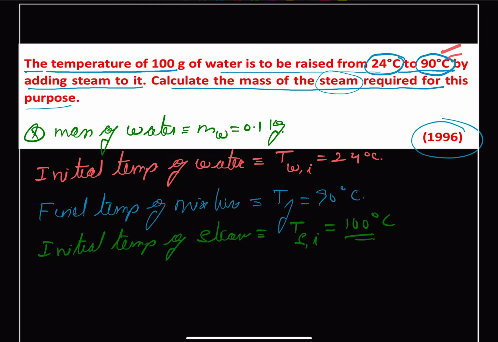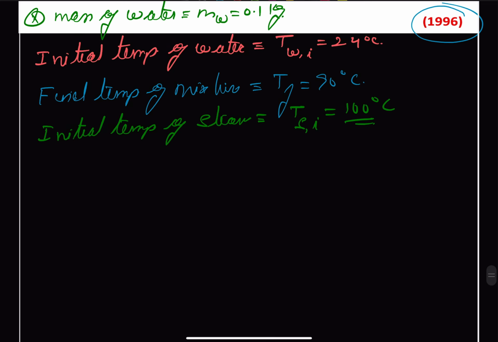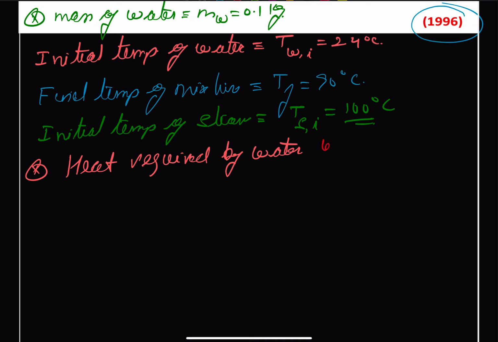So we can say heat required by the water without phase change, because the temperature of the water is only changing from 24 to 90 degrees centigrade. So there will be no phase change of the water.